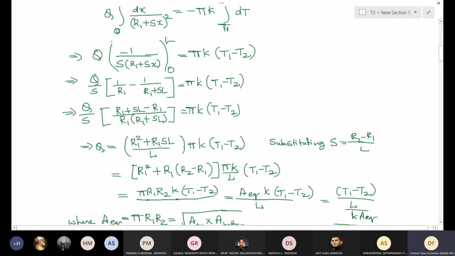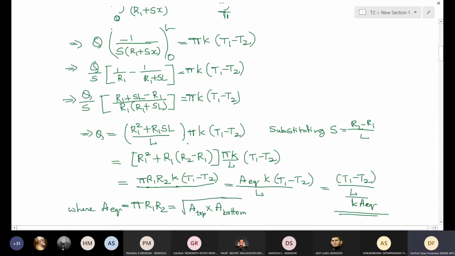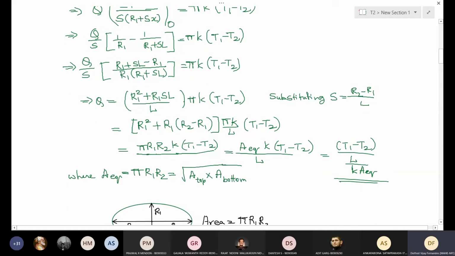Then you can write the expression for q. Q equals (r1 square plus r1 sL) divided by L, and substitute for s, where s equals (r2 minus r1) by L. Finally, this will simplify when you substitute for s. You can see r1 squared and then s into L, and s into L is nothing but r2 minus r1.